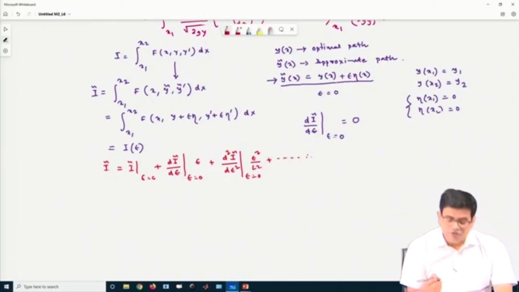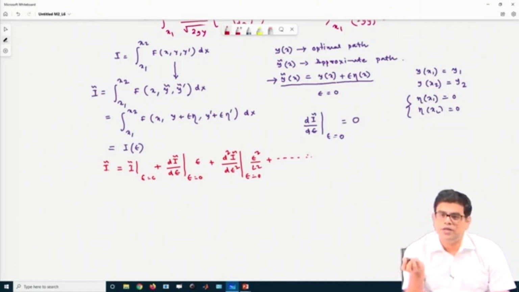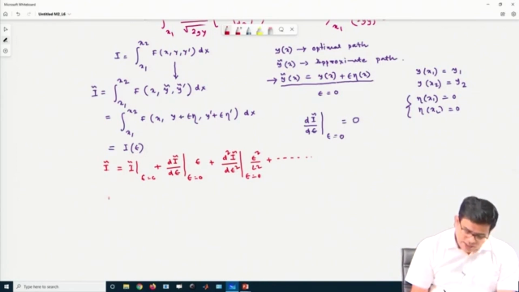Naturally, the first order criteria, or the extremization criteria which we follow from function optimization, is that I tilde at epsilon equal to 0 minus I tilde at epsilon equal to 0, which is nothing but I, has to be d I tilde by d epsilon equal to 0 and the other terms.